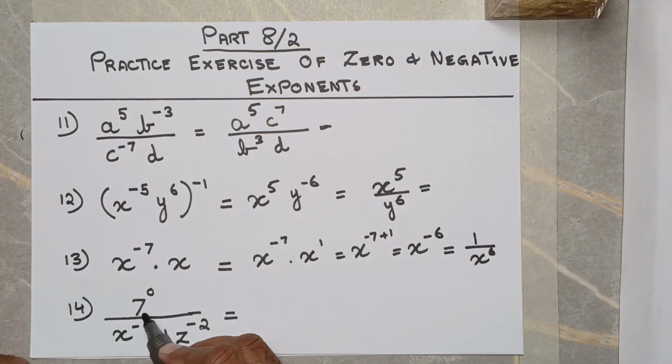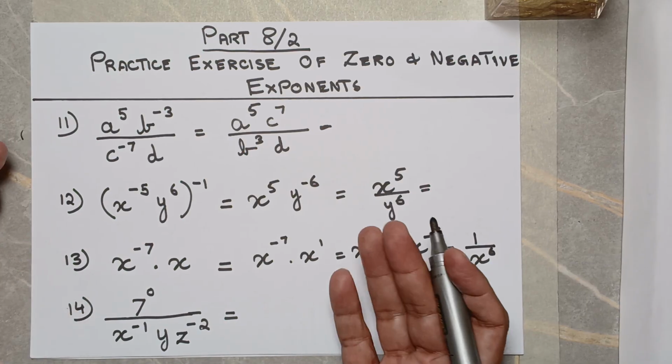In question number 14, 7 raised to the power 0 is equal to 1.